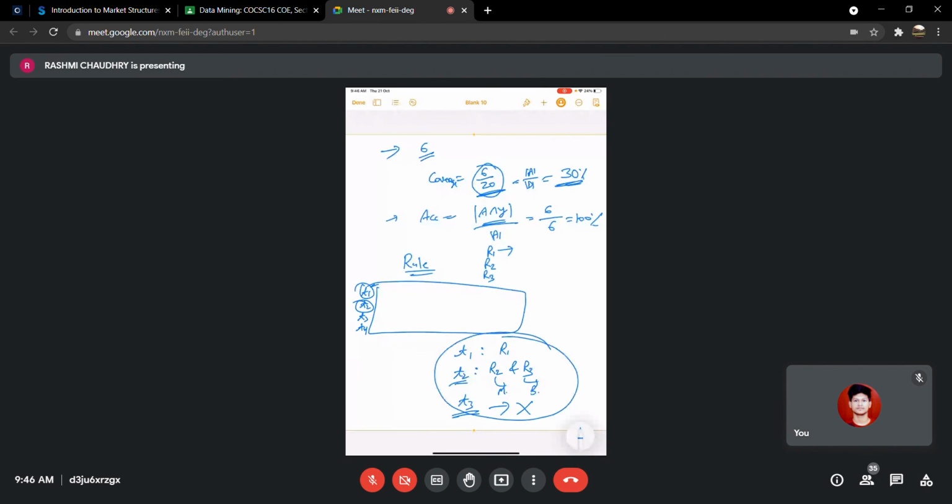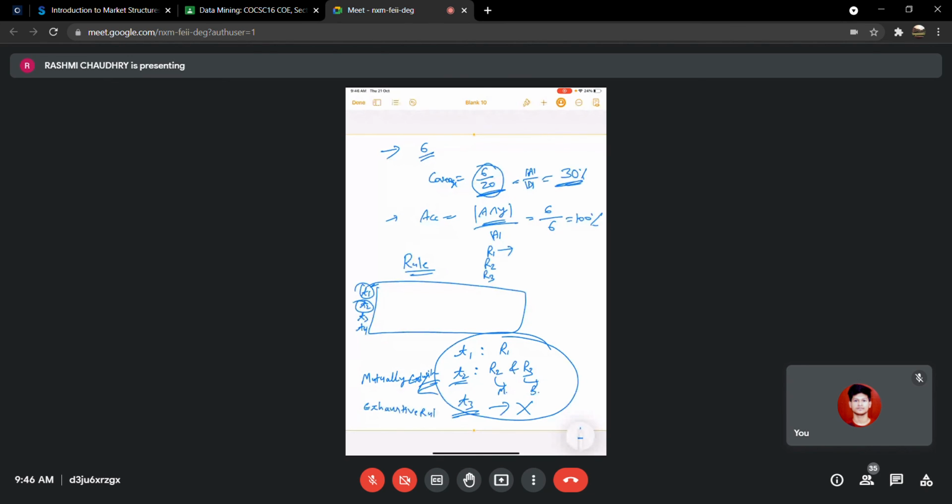So that's why, whenever we have a classification problem, we want two properties: the rules should be mutually exclusive and exhaustive.